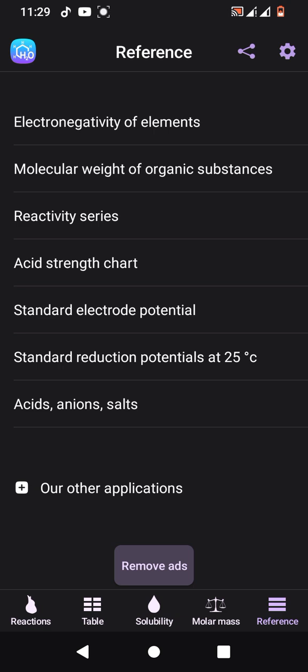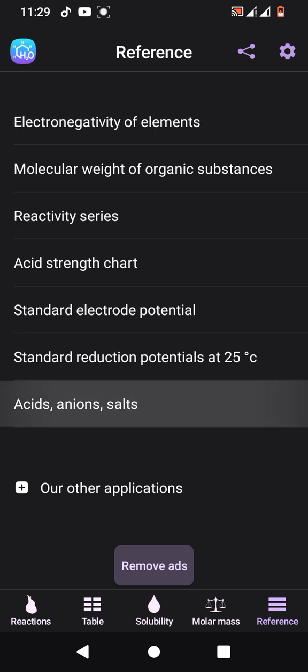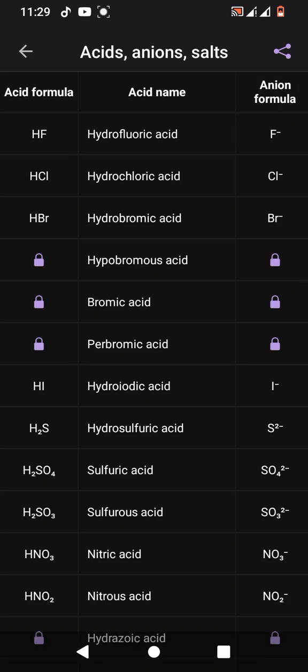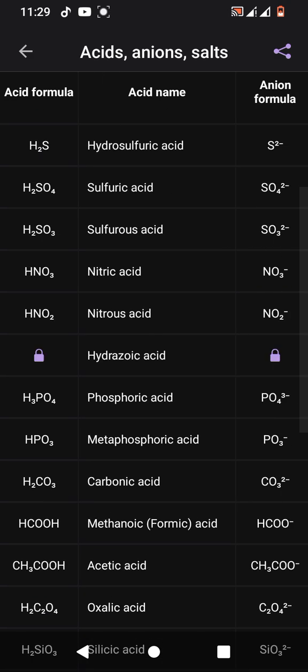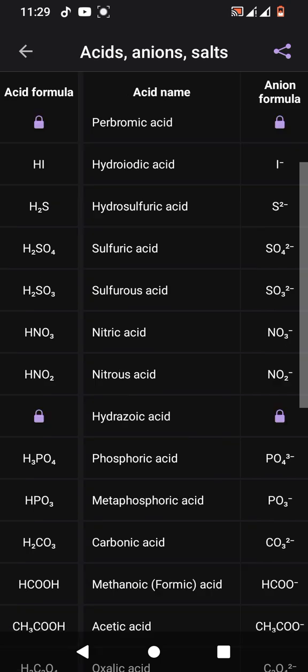So I think that's it. Okay, we have some acids, anions and salts. So this is a very educative reference application.